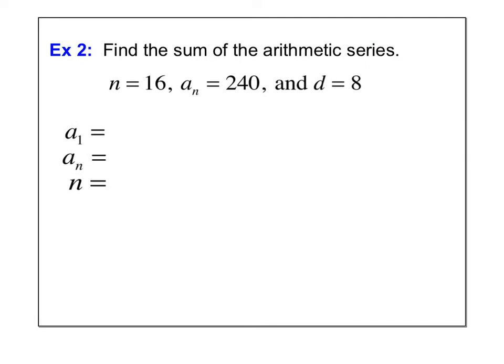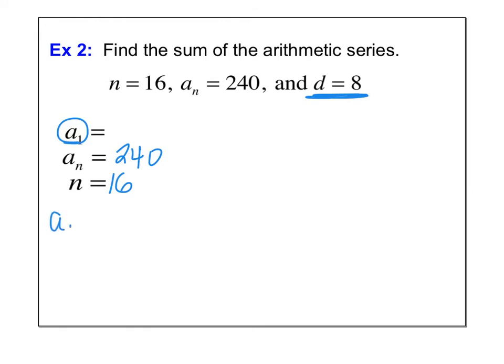This example says find the sum of the arithmetic series, and we have a couple of new items. We have n this time. We know that we're adding 16 terms in this arithmetic sequence. We know that the nth term is 240, but what about a sub 1? We don't know what that is, so that's what we're going to find first using the fact that the common difference is 8, n is 16, and a sub n is 240.